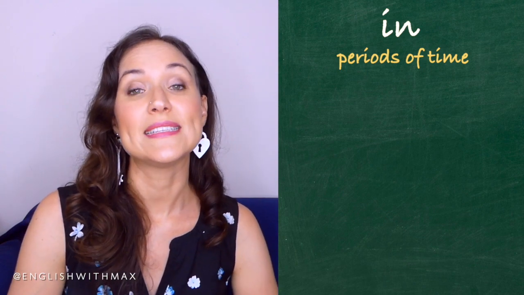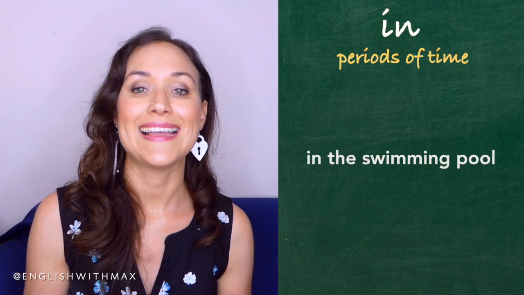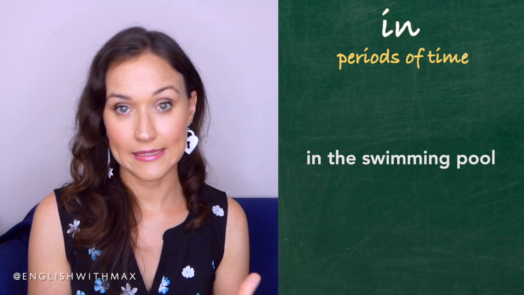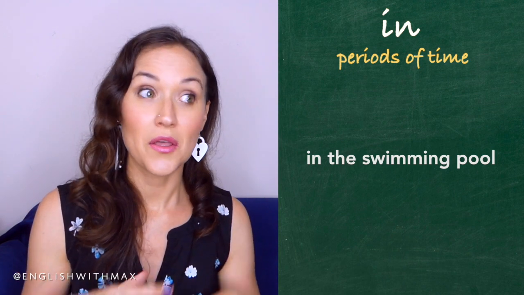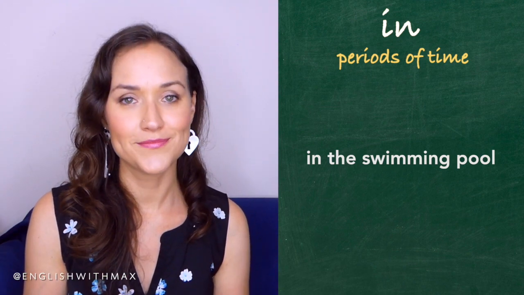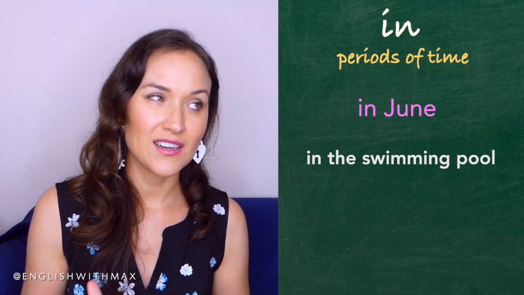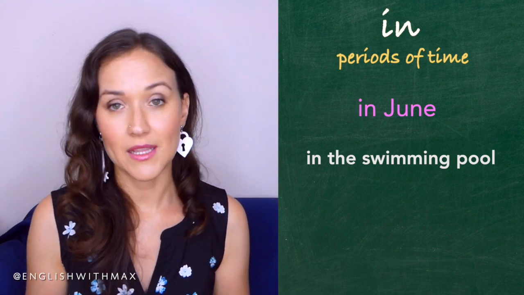For example, we say in the swimming pool. We say in because you are surrounded by something. In this case, you are surrounded by the water and the walls of the pool. If you say in June, you are, in a way, surrounded by the month.